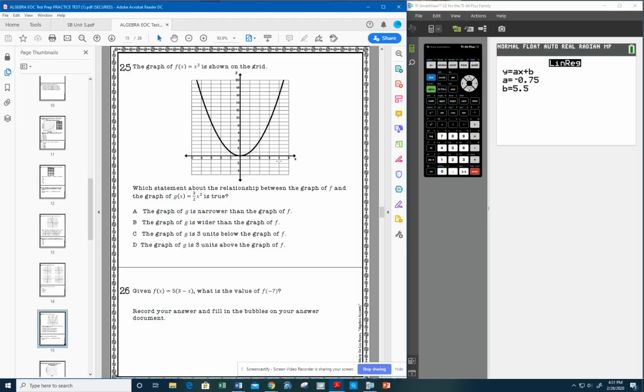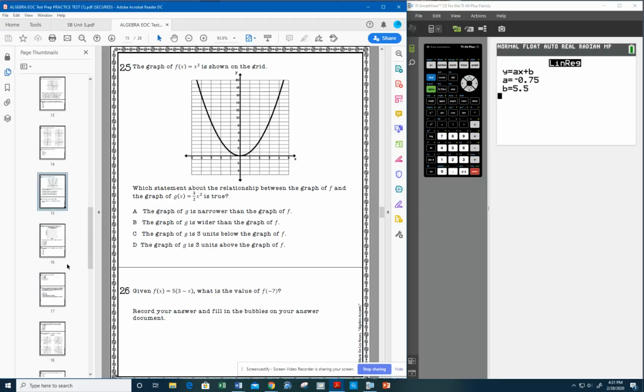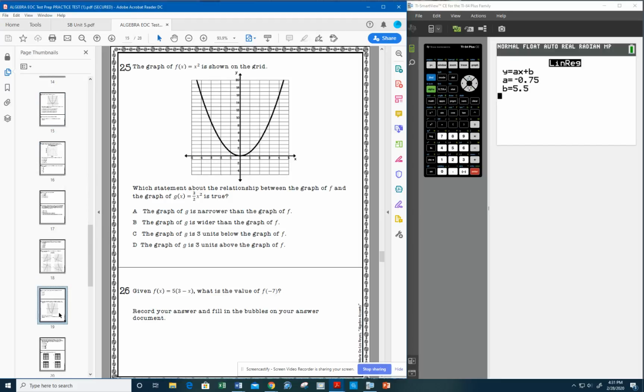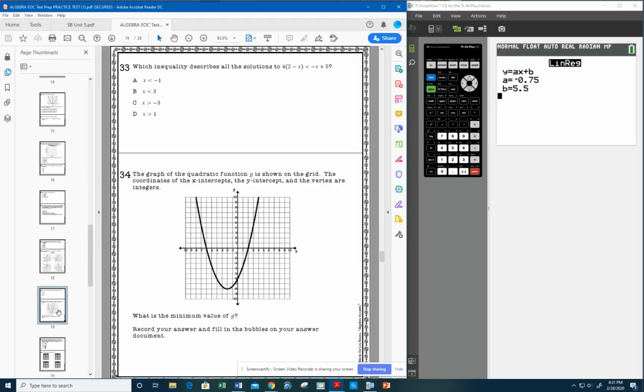Okay, the next one we want to look at is 34. 34 wants to know what is the minimum value of g. What is the y value for the vertex? Okay, so when we find our vertex down here, what is that y value? That would be the minimum.